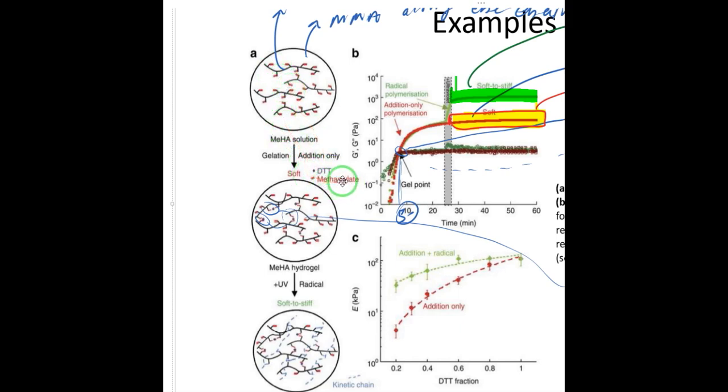They contain the double bonds, and we also have thiols in the system which can be used to connect them to each other. If you remember, in the bioconjugation I told you that we can conjugate the thiols to the double bonds, the olefins, by using the Michael type addition.